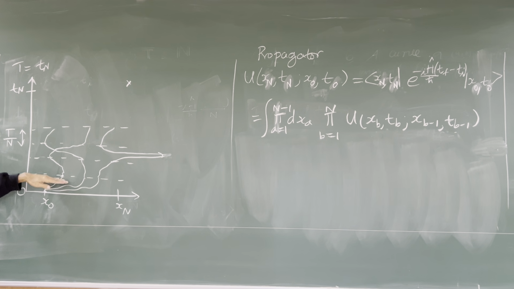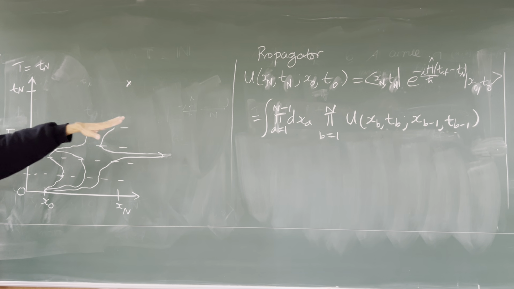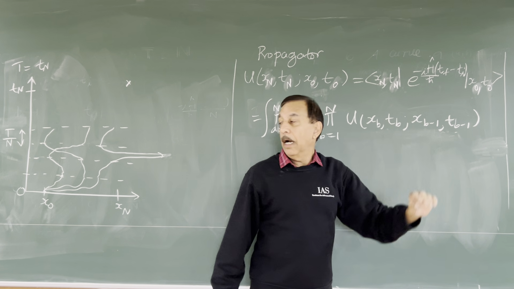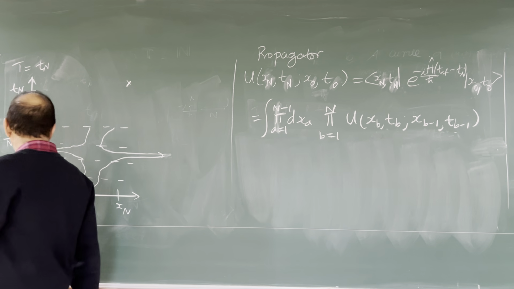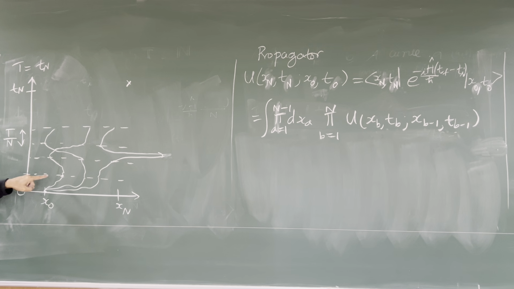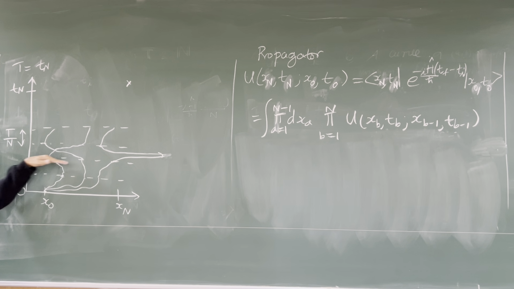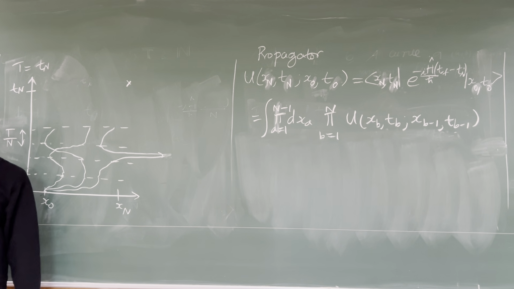Okay? And this slicing makes it very explicit, because the original thing was just an amplitude to go from here to here, but now we have broken it into sub-amplitudes to go from here to here, here to here, here to here, but we see that where it lands on the dotted line is entirely up to the particle. We have to include all possibilities and integrate over all of them.